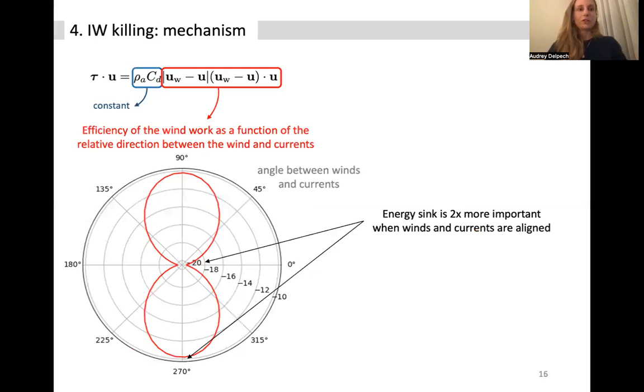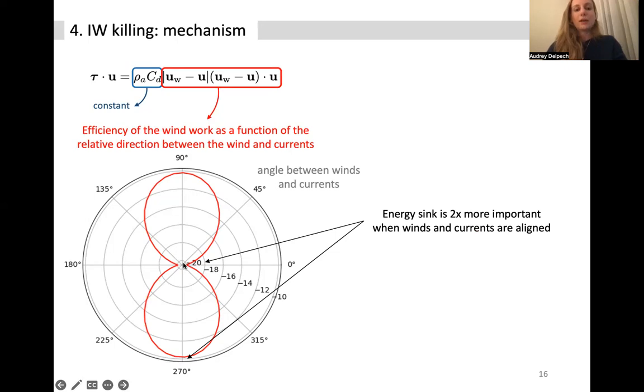Actually, if we compute this part of the wind work as a function of the angle between UW, which is the wind vector, and U, which is the ocean vector, this is what is shown on this polar chart.